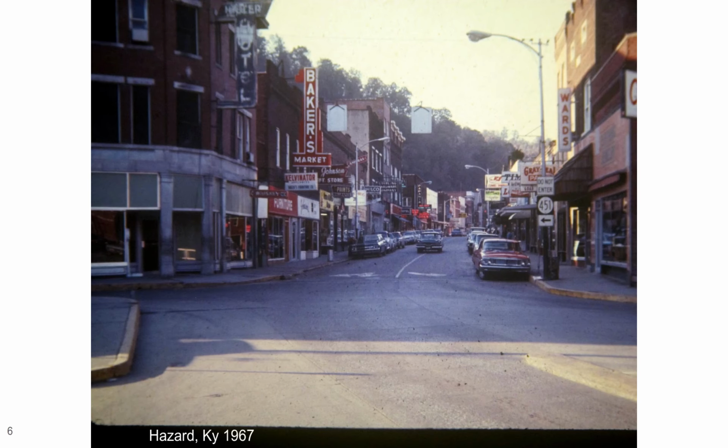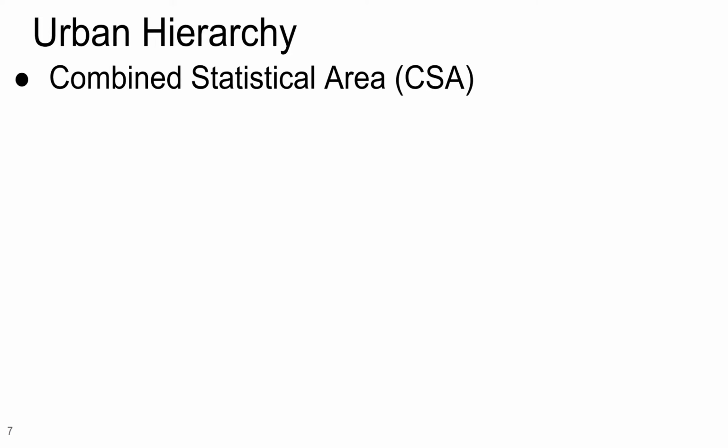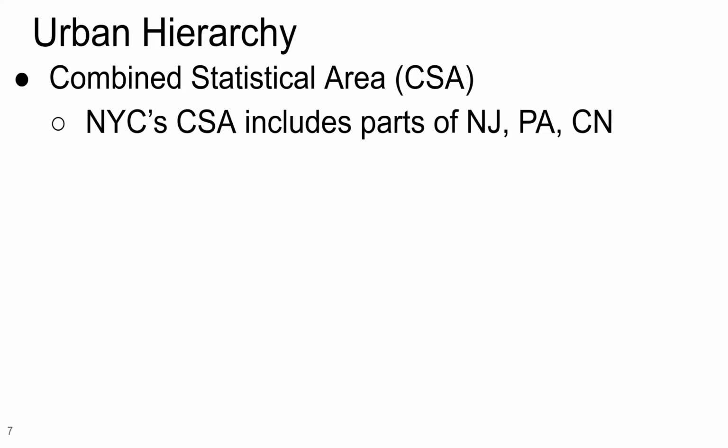So here's Hazard, Kentucky. This is their main drag back in 1967, showing the main street in a city. There is a hierarchy of cities. The largest are combined statistical areas. For example, New York City's combined statistical area includes parts of New Jersey, parts of eastern Pennsylvania, parts of Connecticut.